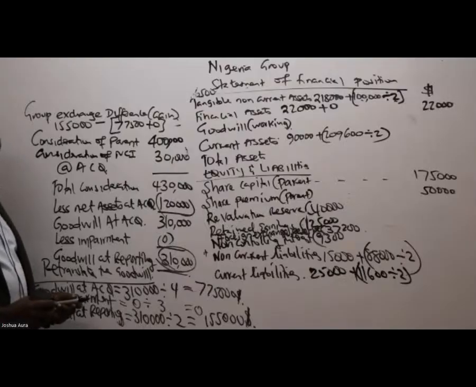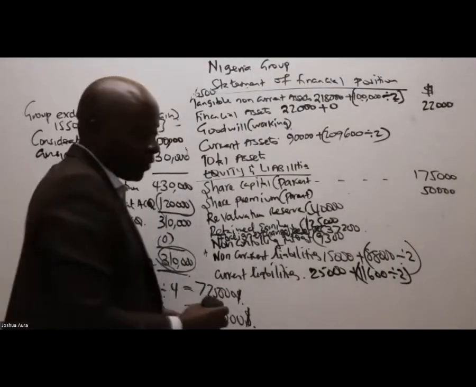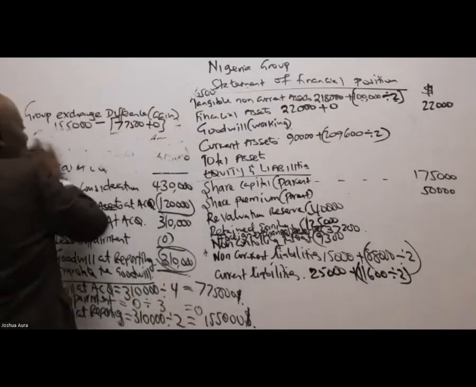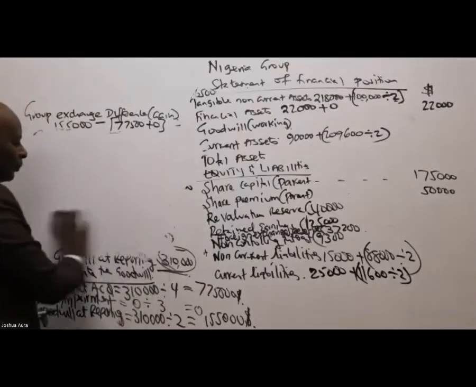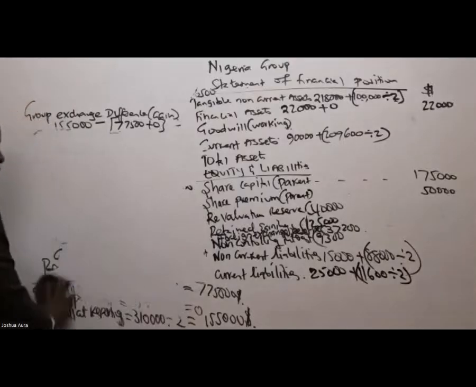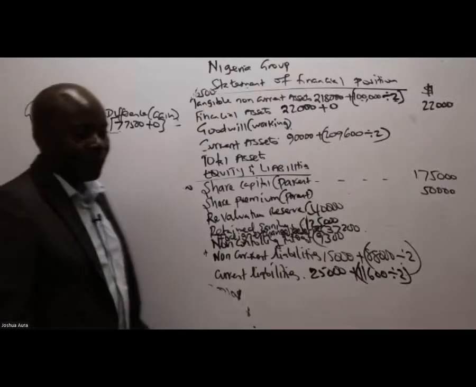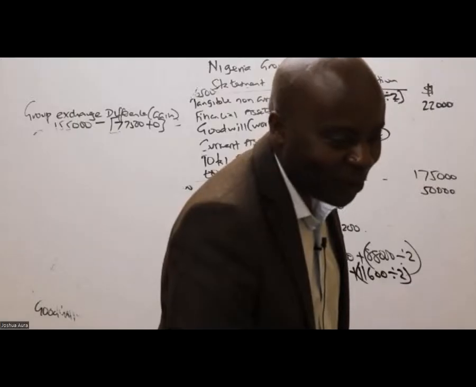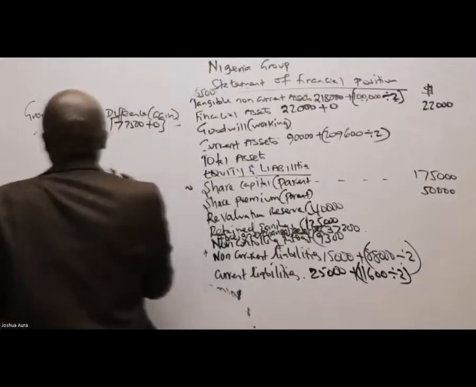Someone gives 72,500. Is it 72 or 77? Where are they getting 72 from? I think they are correcting there. So they're telling me it is 77,500.